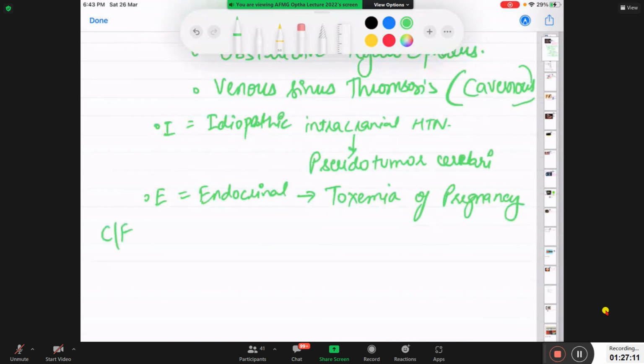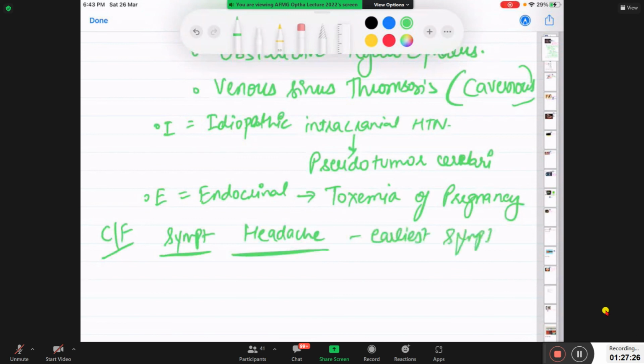Features of papilledema. First, we will discuss symptoms. Patient will have headache. This is the earliest symptom. This headache is associated with nausea and vomiting.